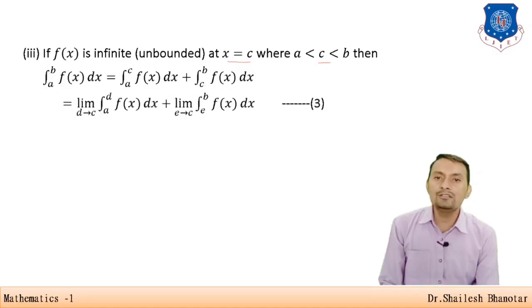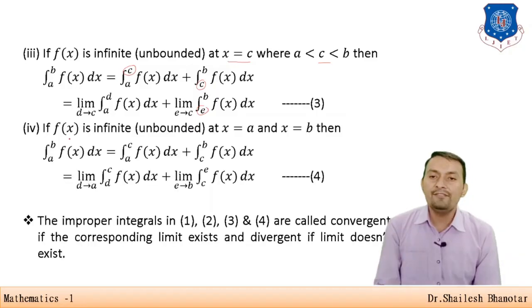Then, as usual, at the point where the function is unbounded, we assume a new constant: limit d tends to c of integration a to d f of x dx, plus, with a new constant e, integration e to b f of x dx, with limit e tends to c.